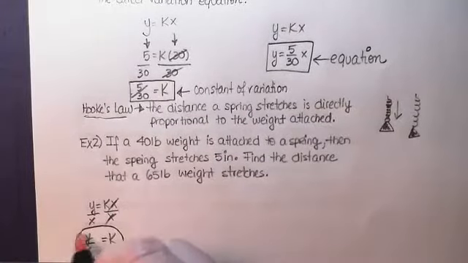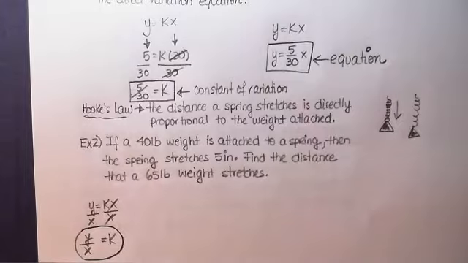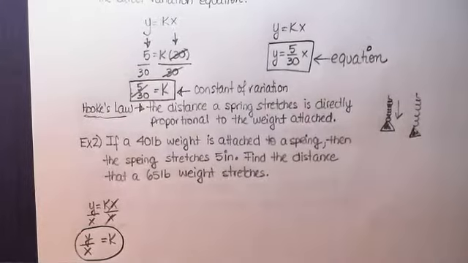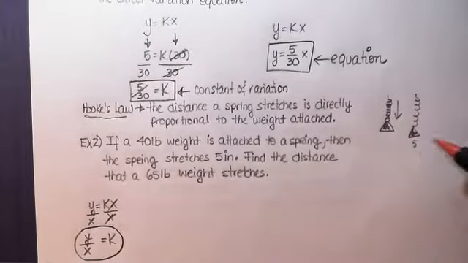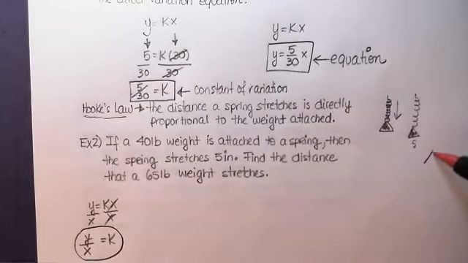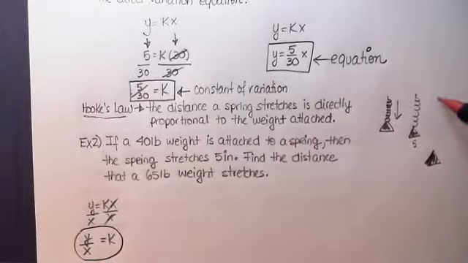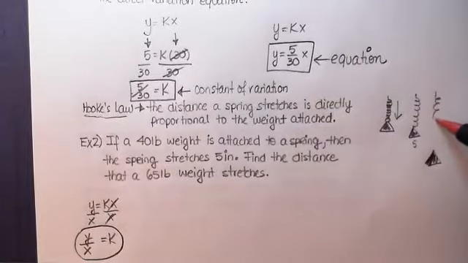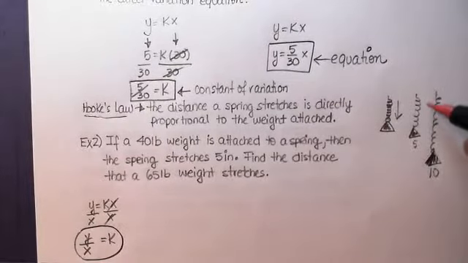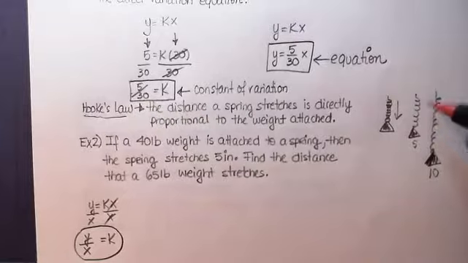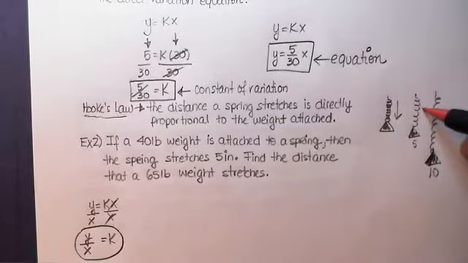And basically what this means is that k is a constant. So it doesn't matter, let's say this was 5 pounds, and let's say I had another one that was like 10 pounds. So the stretch would be bigger. Okay. So let's say here it is stretched by, let's say, 6.